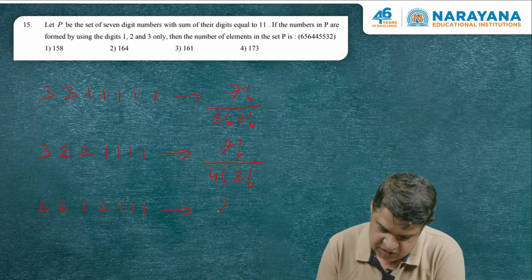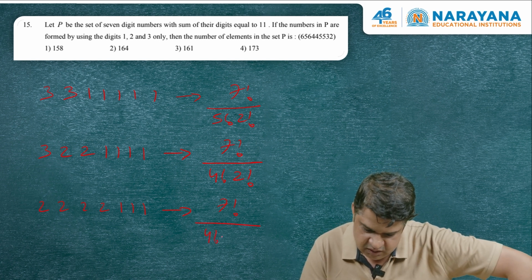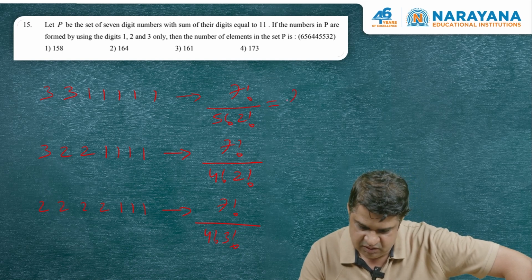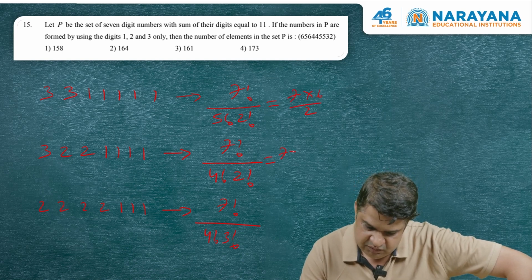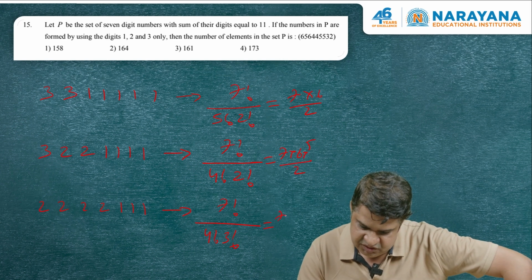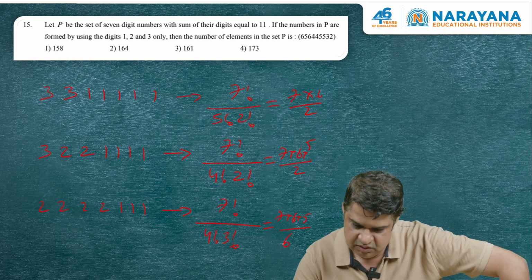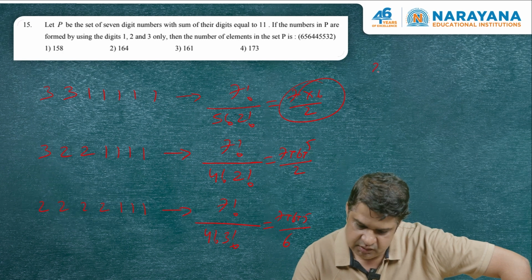So, it is now 7 factorial by 4 factorial into 3 factorial. Now, we are supposed to calculate everything. So, 7 into 6 by 2, it is 7 into 6 into 5 by 2, it is 7 into 6 into 5 by 6. So, it is basically 21.